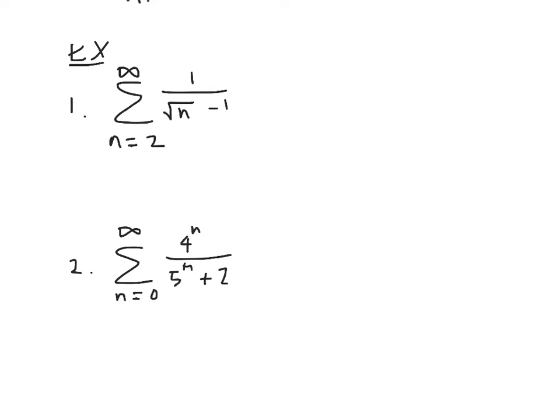I want you to pause the video now and try to determine what should we compare these series to. What other series do we know that we can easily determine whether they converge or diverge using another test, and then compare them to the ones we have here. So pause the video and see if you can figure that out.